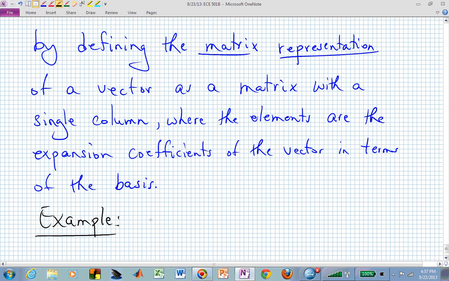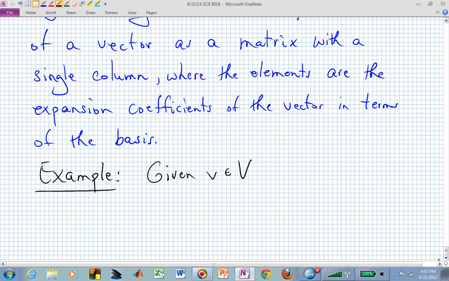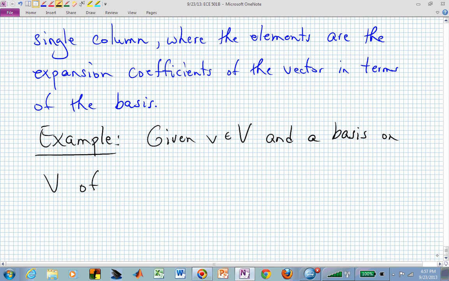As an example, suppose that we are given a vector V in, let's say, a vector space capital V and a basis on V. Let's call it U1, U2, up to U sub n.